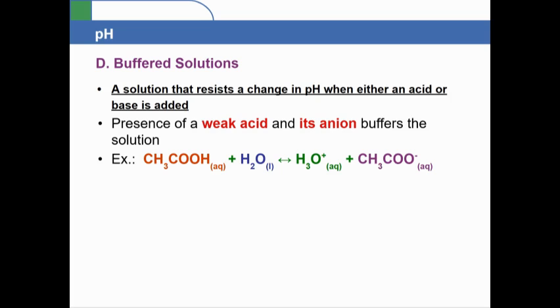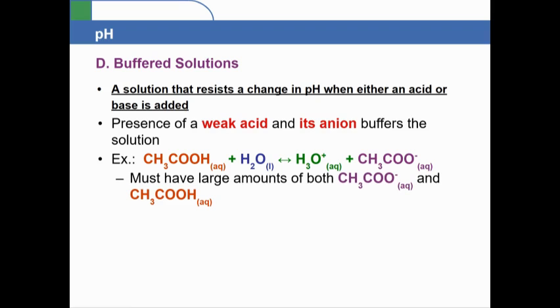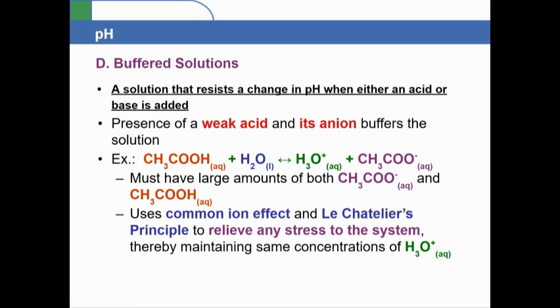In this case, if you had this reaction, but then you had a whole bunch of the acetate, CH3COO negative, and a lot of the actual acid itself, then it would be a buffered solution.